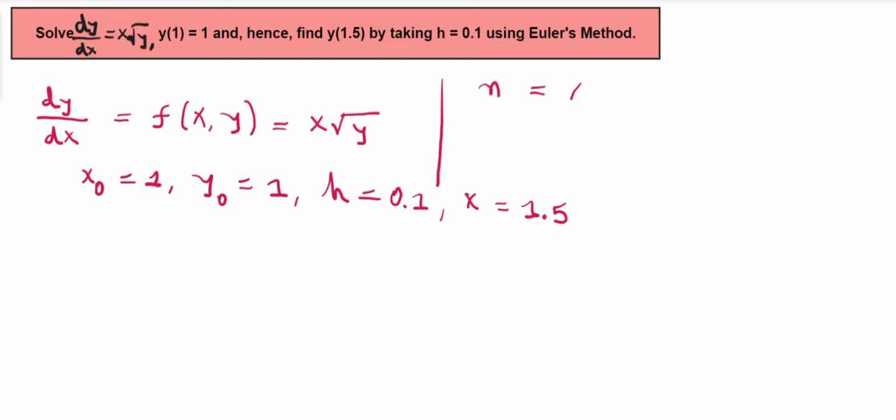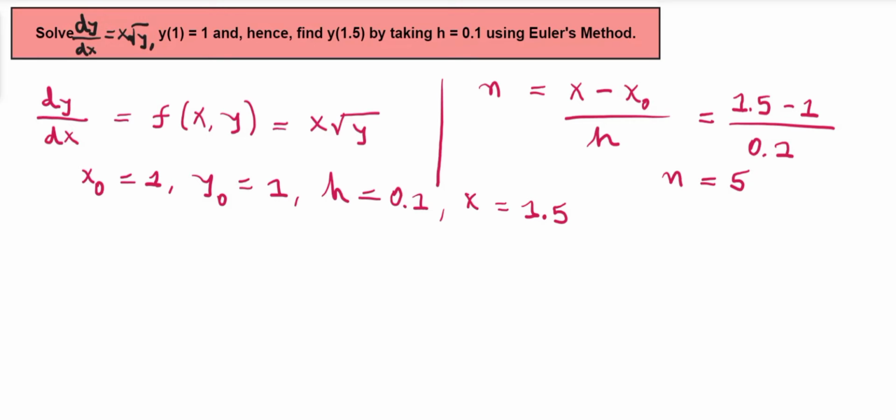Now here the first step will be to find the number of steps. The formula is n = (x minus x naught) upon h. x is 1.5, x naught is 1 and h is 0.1. So from this we get n = 5, which means we'll go up to 5 steps.